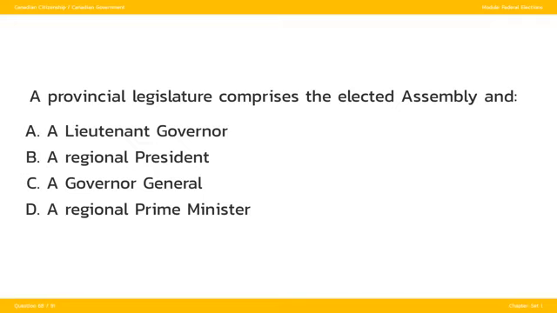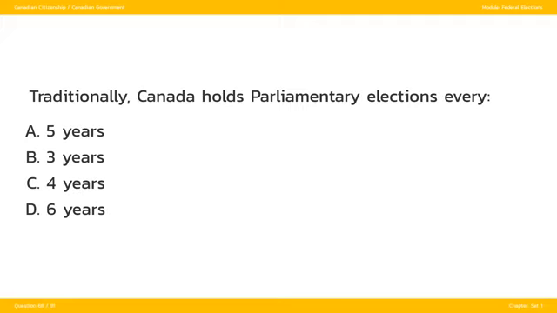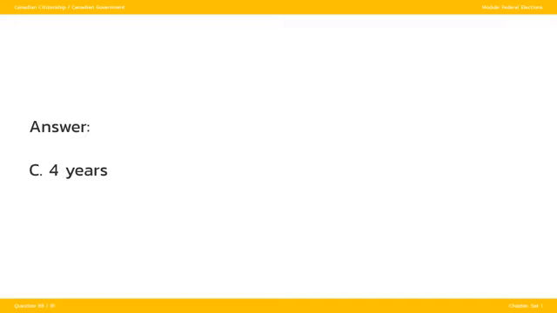D. A regional prime minister. The answer is A. A lieutenant governor. Traditionally, Canada holds parliamentary elections every A. 5 years. B. 3 years. C. 4 years. D. 6 years. The answer is C. 4 years.